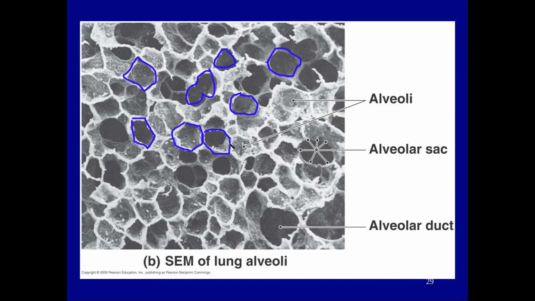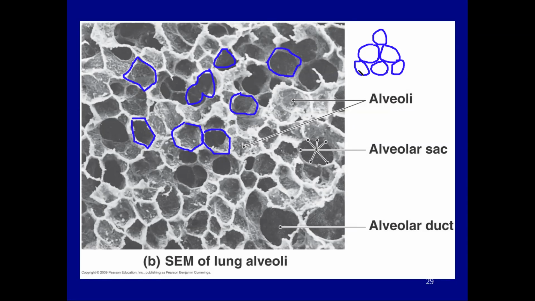Now, if we had said, okay, what if we made them round? You'd be like this. And all of a sudden, you have all of these spaces in between the alveoli, which would be of absolutely no use to the lungs.